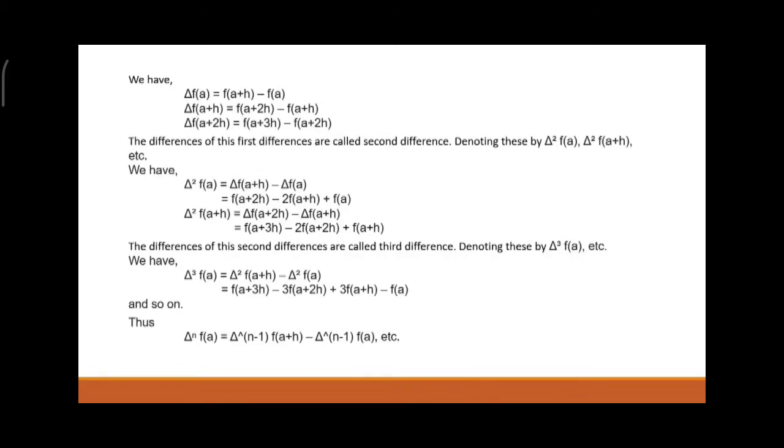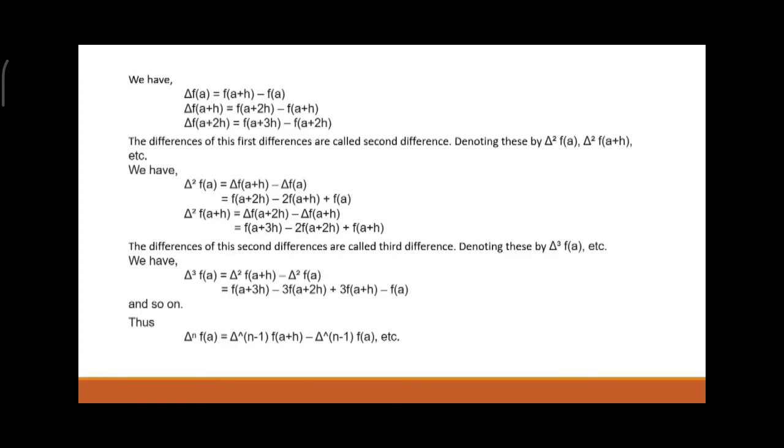Delta square f of a plus h is equal to delta f of a plus 2h minus delta f of a plus h, and is equal to f of a plus 3h minus 2f of a plus 2h plus f of a plus h.